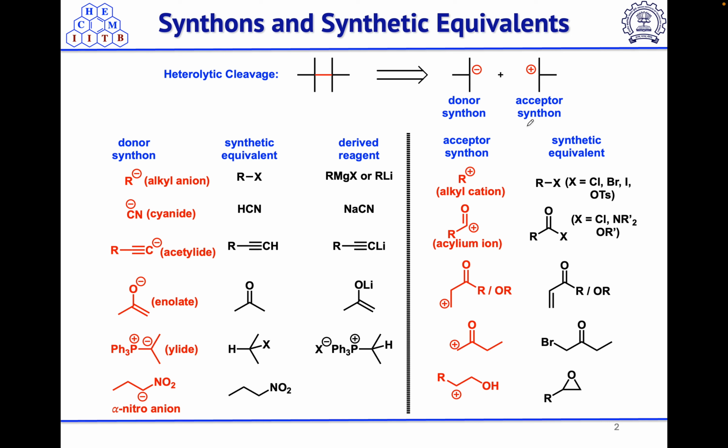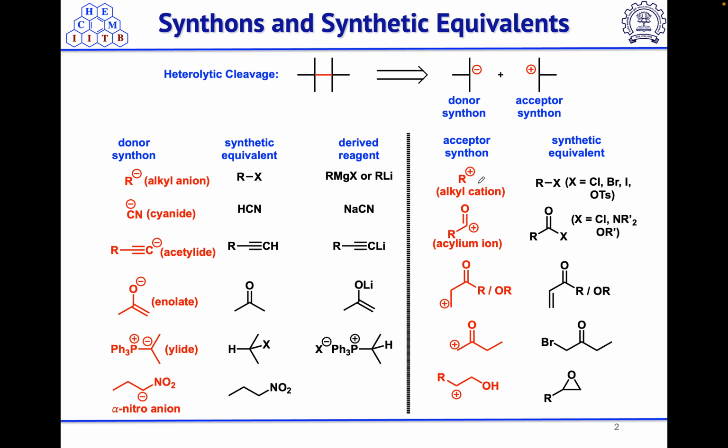This concept of donor synthon and acceptor synthon is highly important for retrosynthetic analysis, because on the basis of the donor and acceptor synthons you have to design the exact synthetic equivalent for each synthon. Here you can see many donor synthons and the corresponding synthetic equivalents. In forward synthesis we have to use the synthetic equivalent, and only then can we get the corresponding donor synthon.